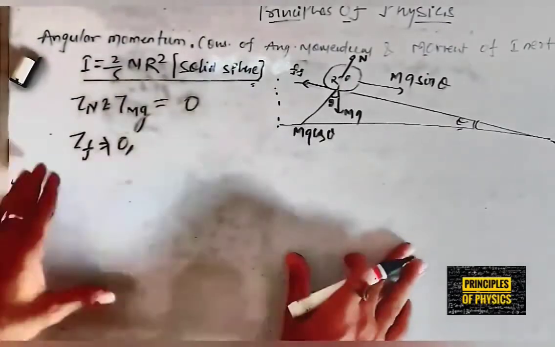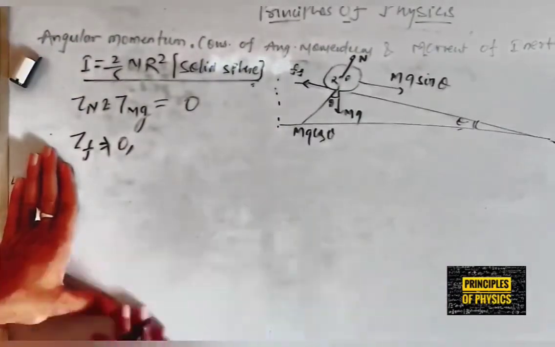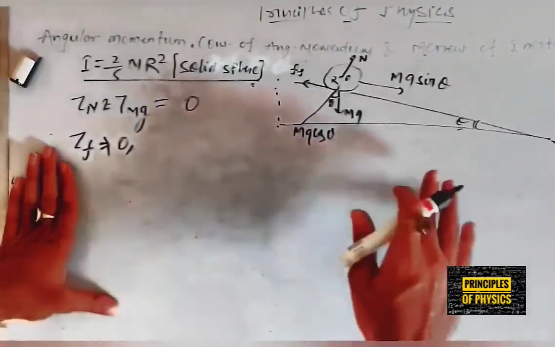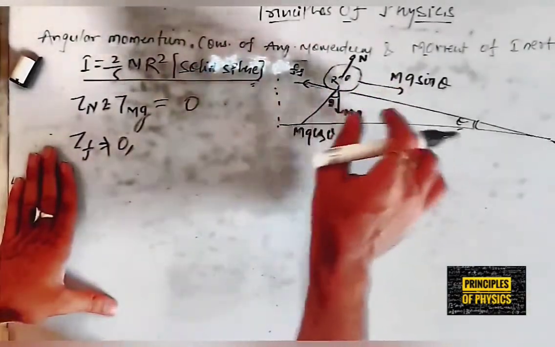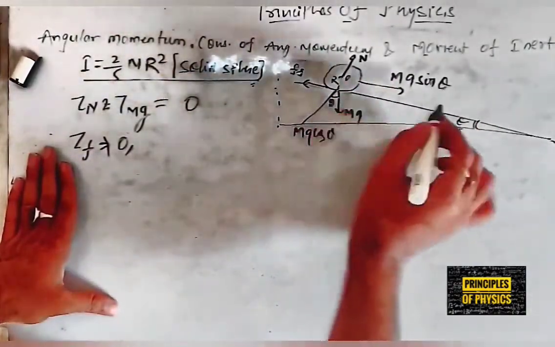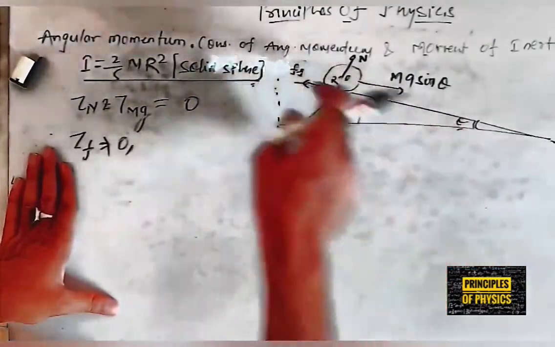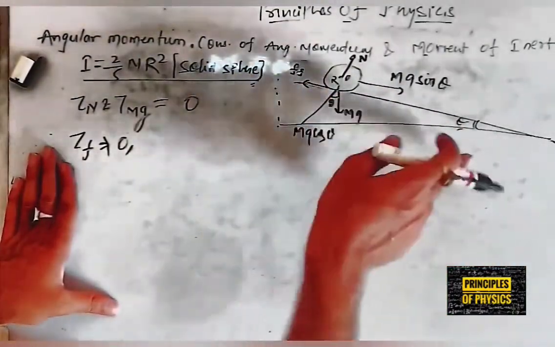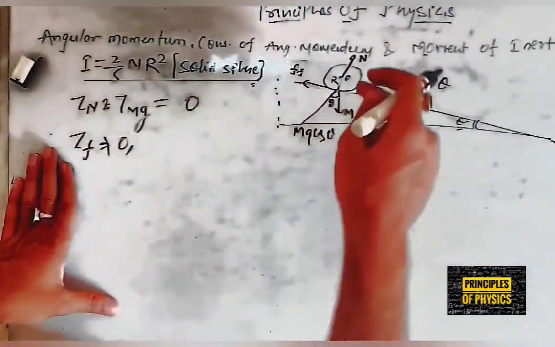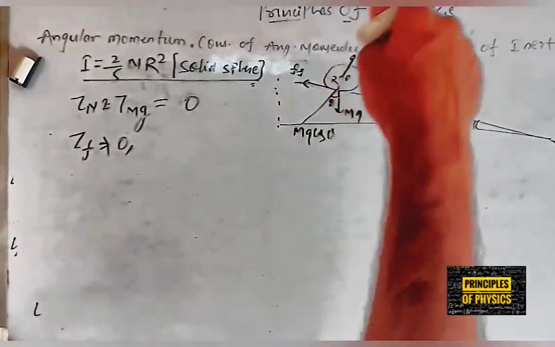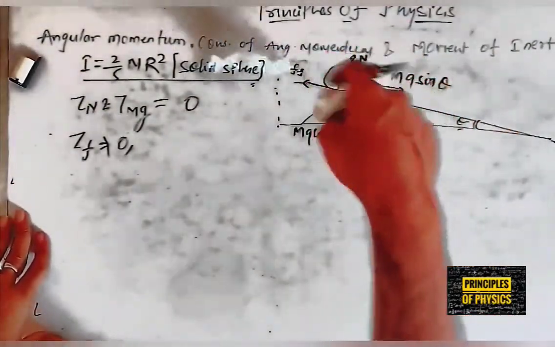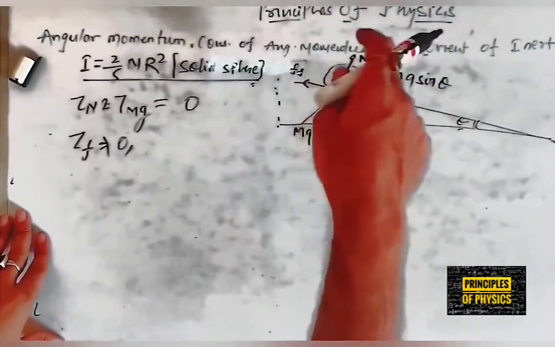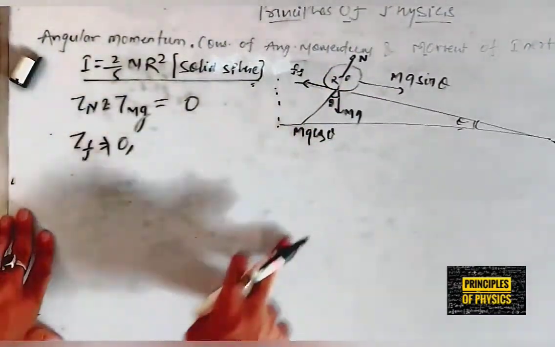So starting from the force body diagram, we have shown which force is acting in which direction. So mg sin theta is acting downward. Frictional force to oppose that motion is acting in the backward direction. Normal force is acting in the perpendicular direction to the point of contact, and mg is acting downward.